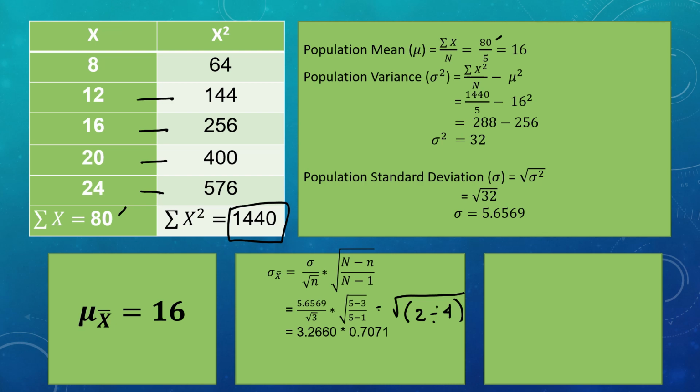By multiplying the two values, we can get the standard deviation of the sampling distribution of the sample mean, which is equal to 2 point, sorry, correction, it's 2.3094.